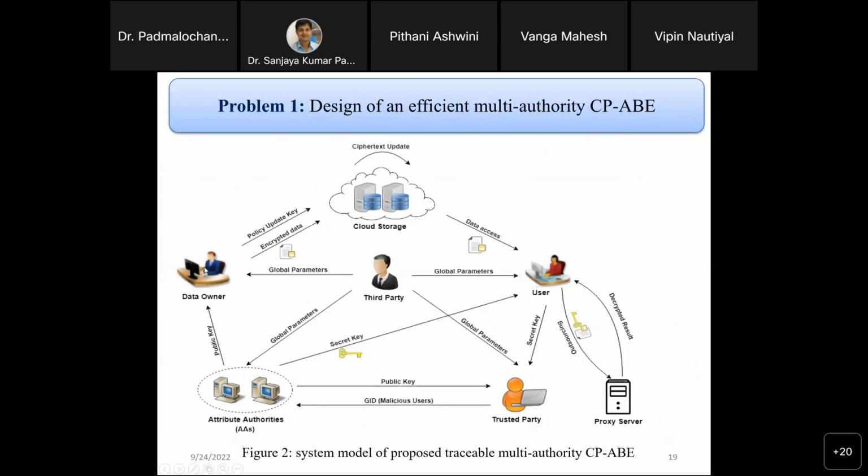The policy update key is shared with the cloud service provider, so that the cloud service provider updates the earlier policy integrated with the ciphertext to the new one. This is done mathematically.